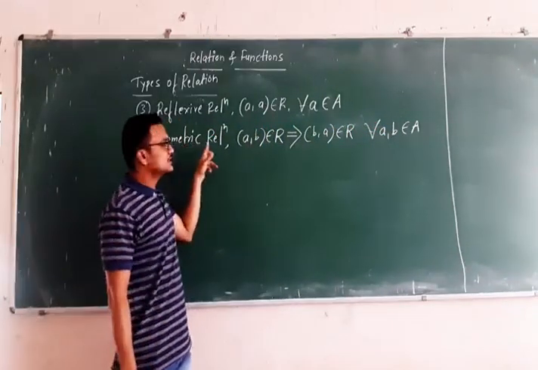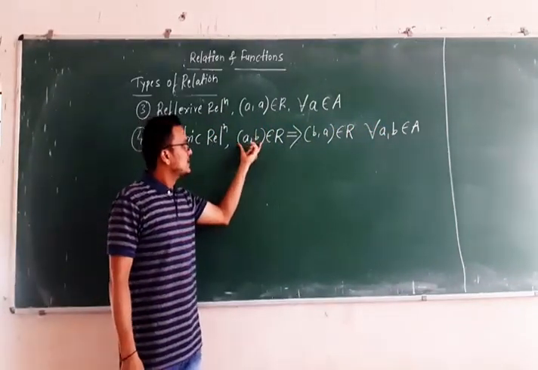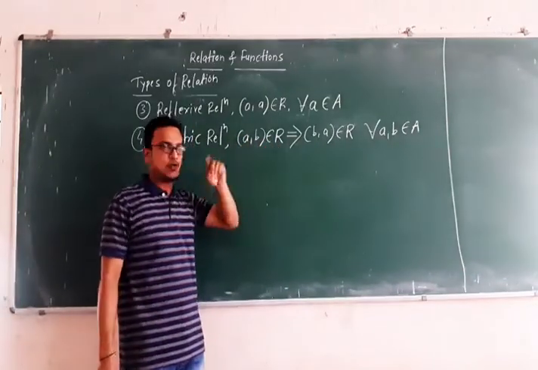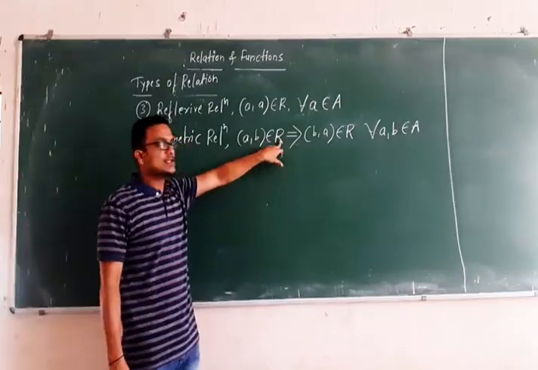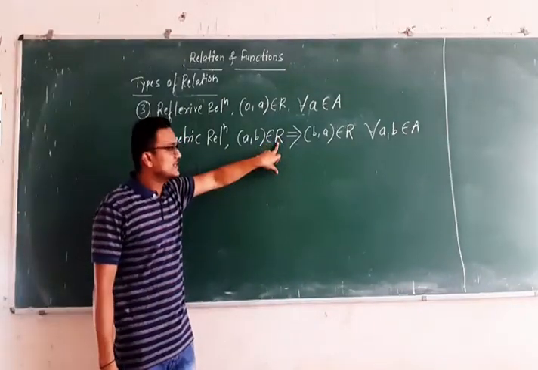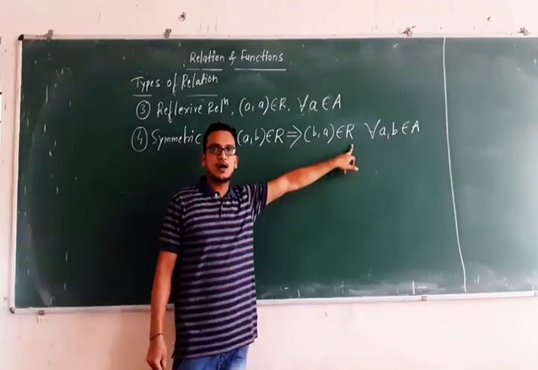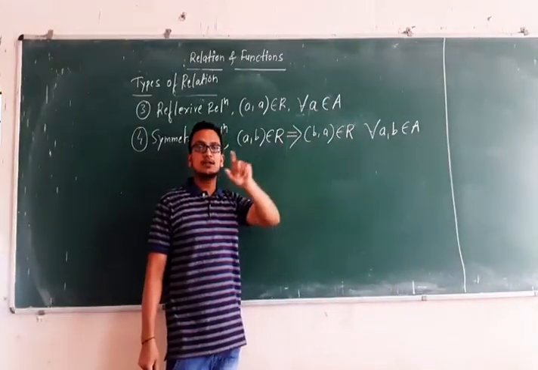Now, when is this relation symmetric? Suppose (a, b) belongs to R, meaning you have one ordered pair present in R. If it is present in R, then its reverse ordered pair should also be present in R. Then only that relation is symmetric.